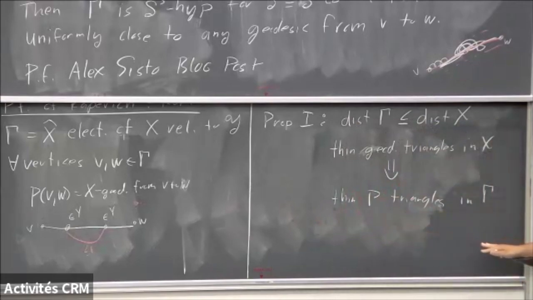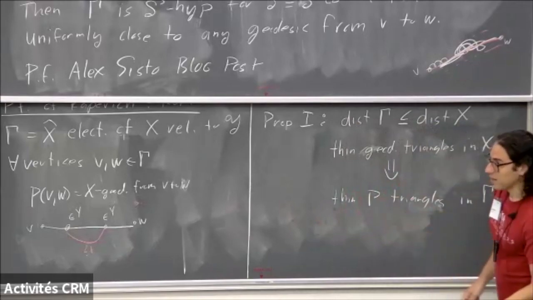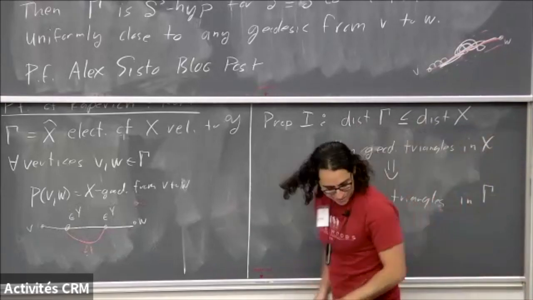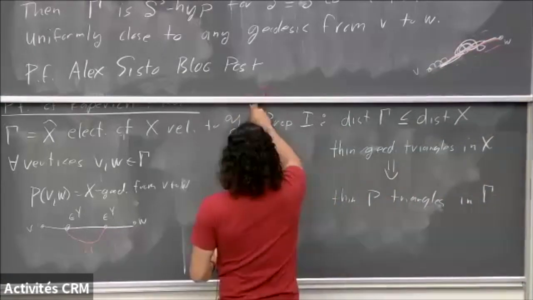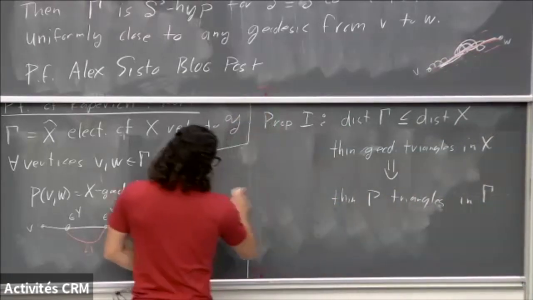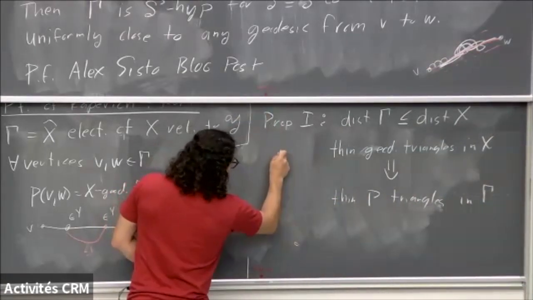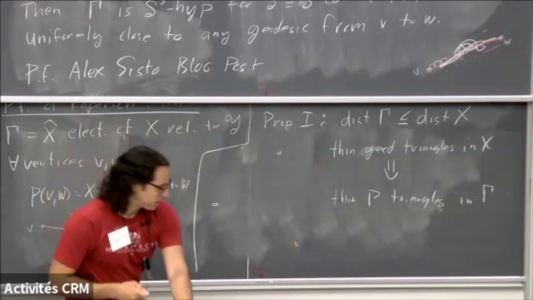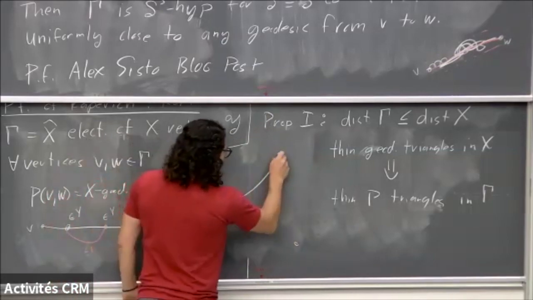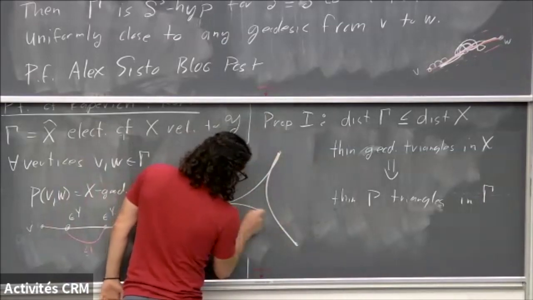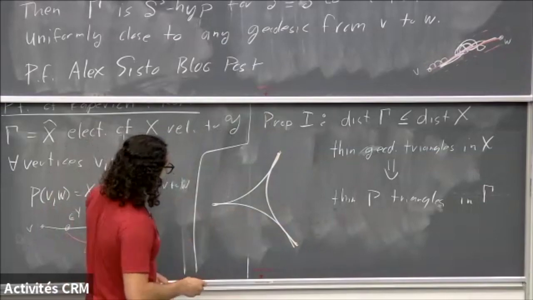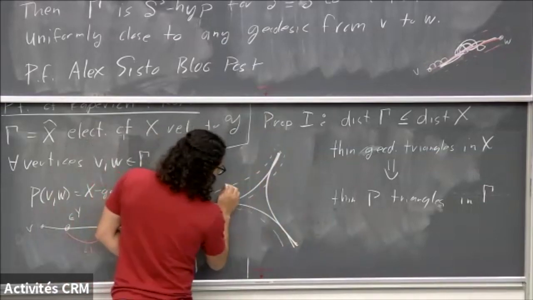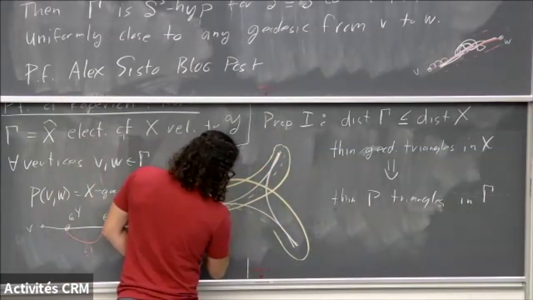Does that kind of make sense? Okay, then draw a picture. So I have these 3 points. I look in x and join them by straight lines, and I get the thin triangle condition, right? So two sides. I didn't draw very well.